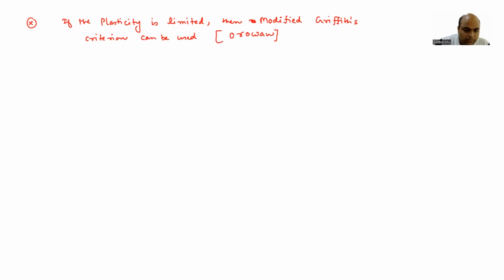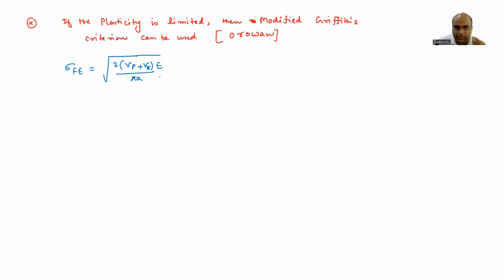So now we are going to introduce the term gamma S. And this is given as sigma Fe equal to root over 2 times gamma P plus gamma S divided by pi A E. So this gamma S here is what we have been discussing till now, which is a surface energy term. Now gamma P is another term which is related to the plastic deformation at the crack tip.